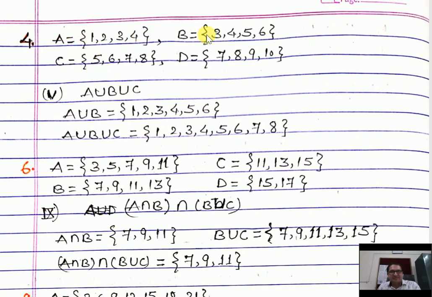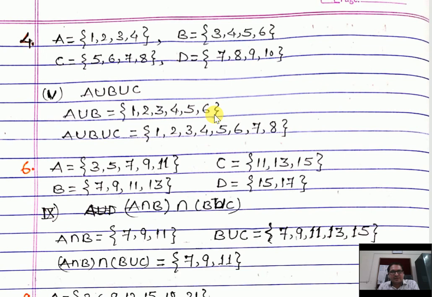A given as 1, 2, 3, 4, B given as 3, 4, 5, 6, C given as 5, 6, 7, 8, D given as 7, 8, 9, 10. Find A union B union C. So first you find A union B. A union B is all elements of A and B you have to write. Common values you have to write once, non-common values also you have to copy.